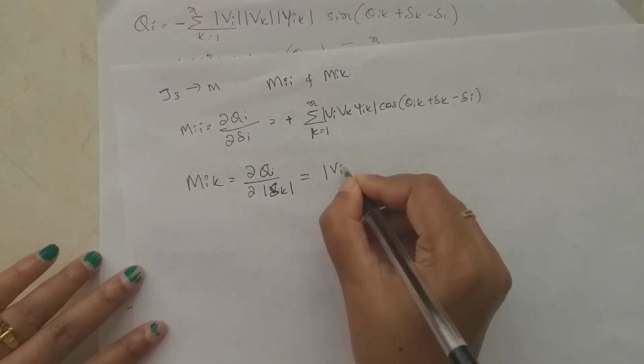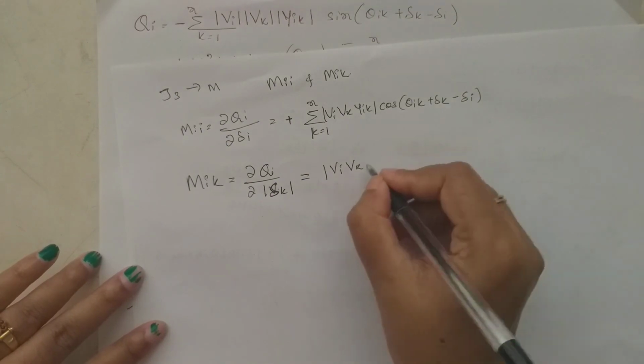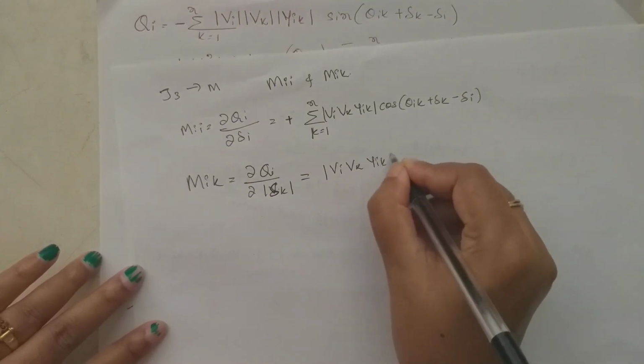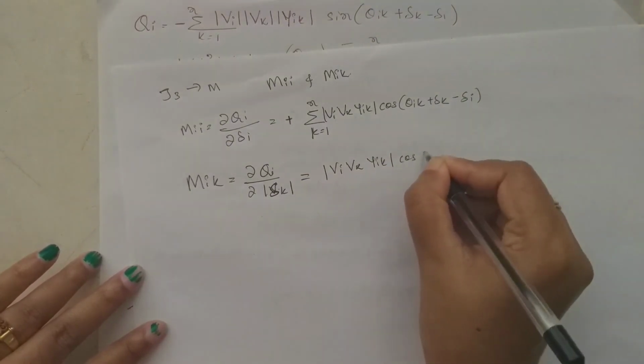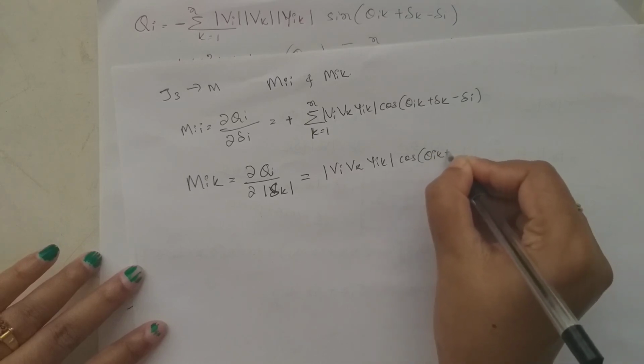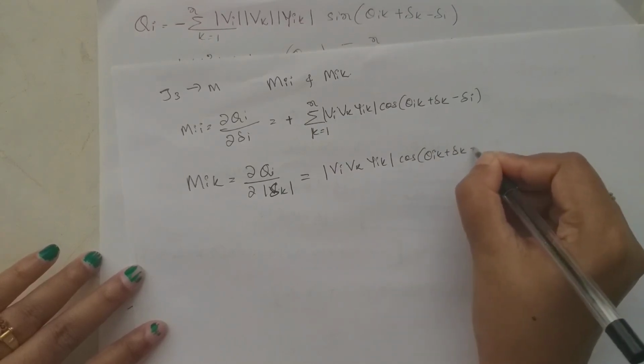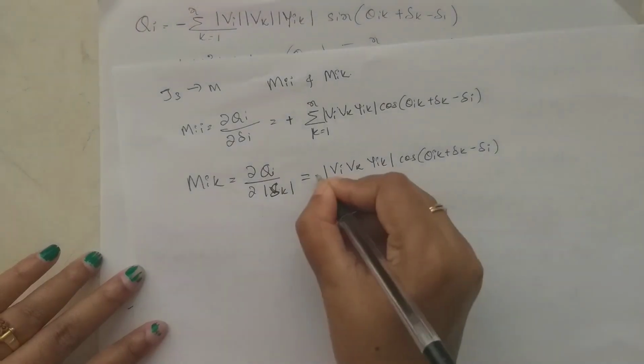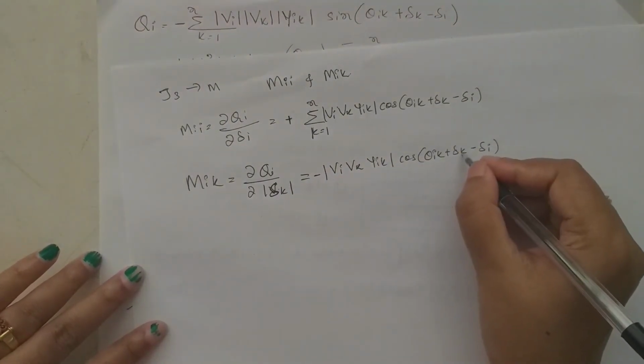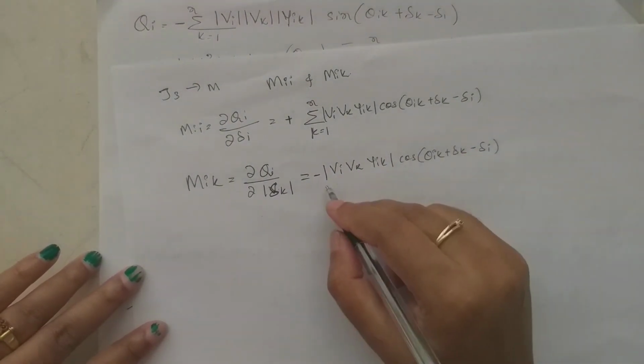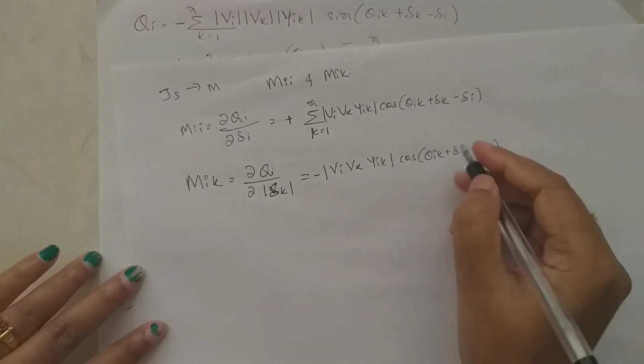So other parameters you write as it is, Vi Vk Yik cos(theta ik plus delta k minus delta i). And the coefficient of delta k is plus 1, so it is plus only.